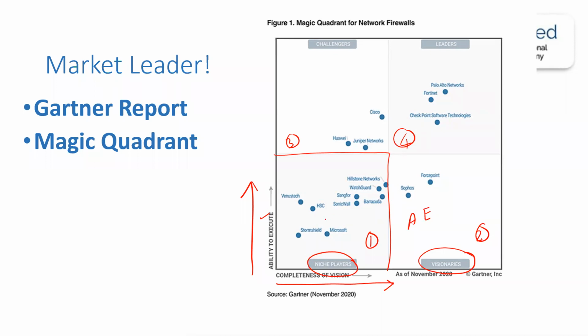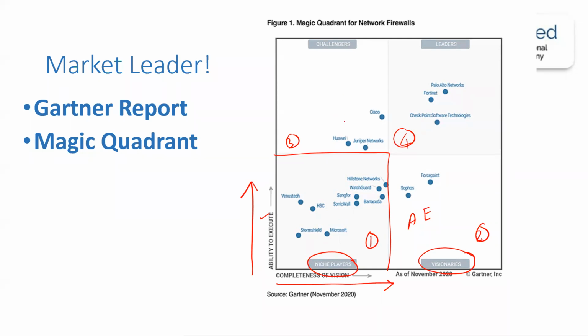They have a great vision, no problem at all, but they are not quickly and efficiently executing those tasks. So Sophos and Forcepoint come into the category of visionaries.